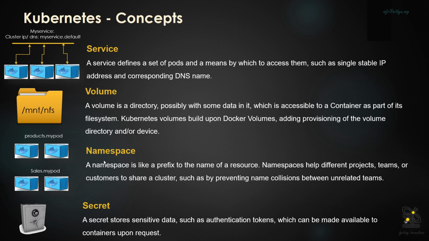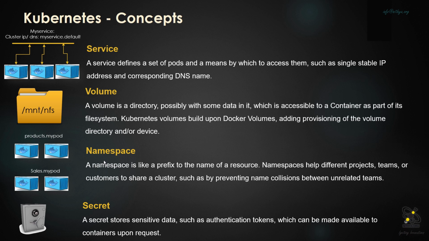Another important concept is secret. A secret stores sensitive data like usernames, passwords, authentication tokens, or even SSH keys. It's like a vault. If you work with AWS, you have the AWS vault and key-value stores, and even Azure has a vault. It's the same thing.